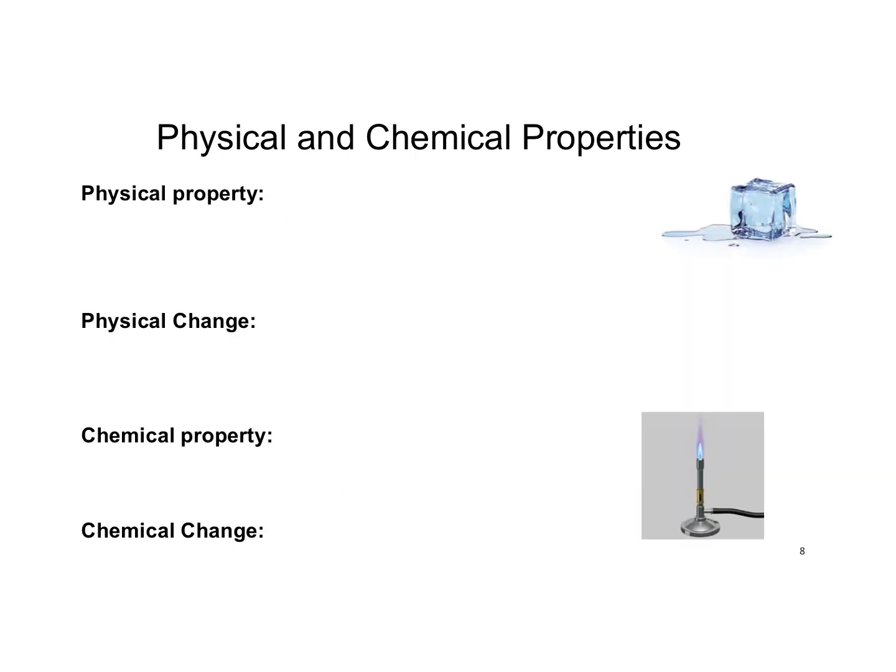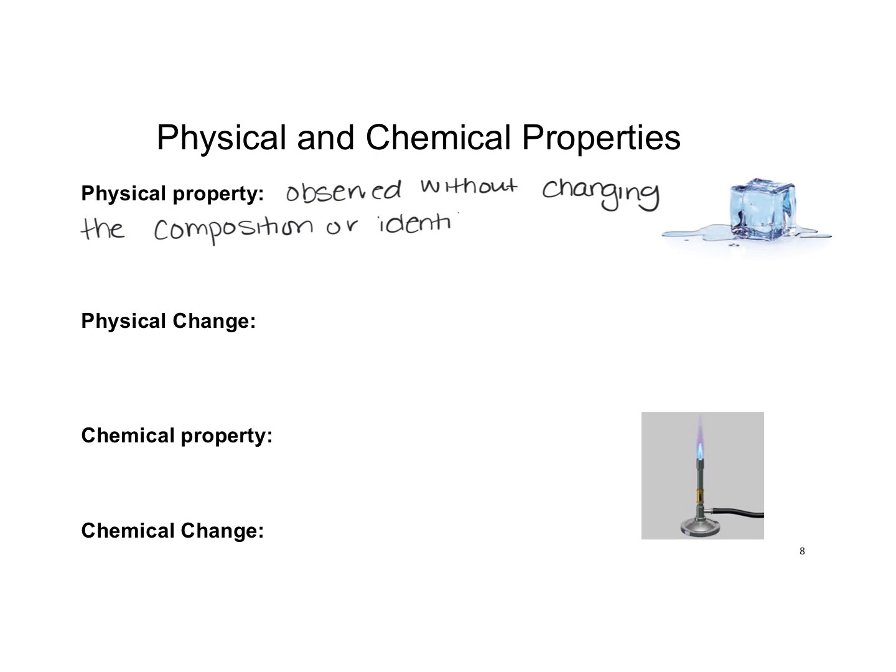So let's talk about physical and chemical properties. So a physical property is observed without changing the composition or identity of a substance. Right?